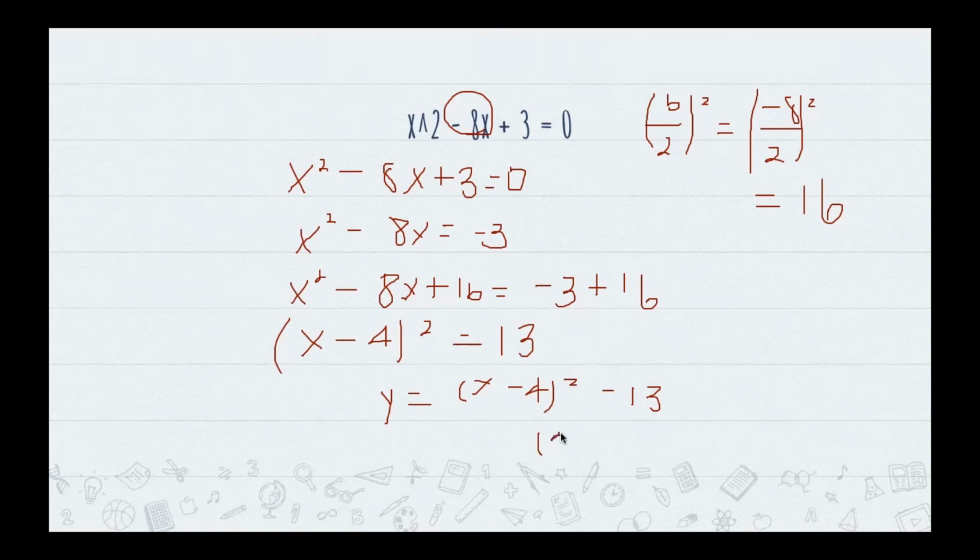So you want to be positive 4, comma, negative 13. So this would be your vertex coordinate, and then this would be your vertex form.